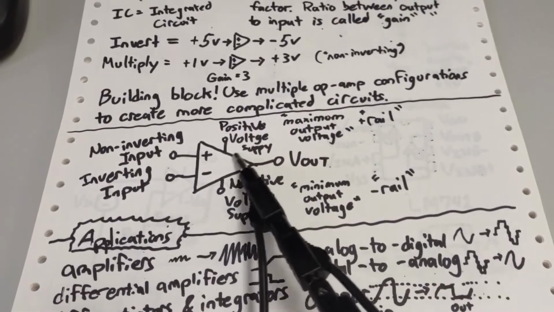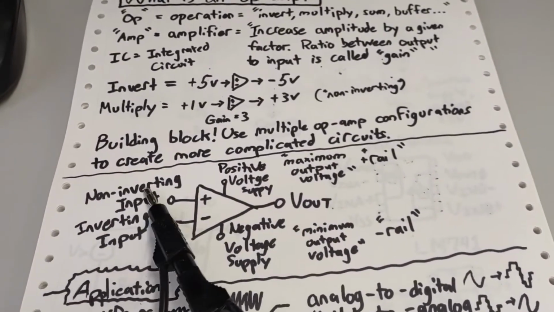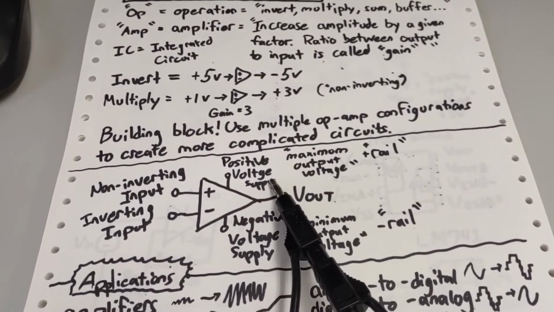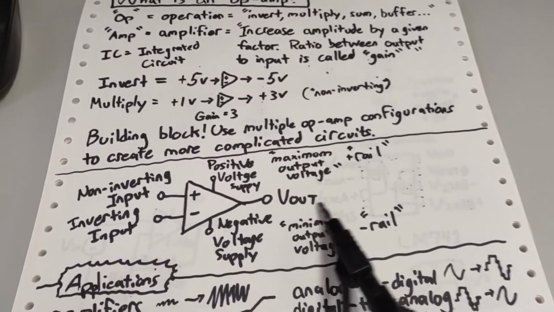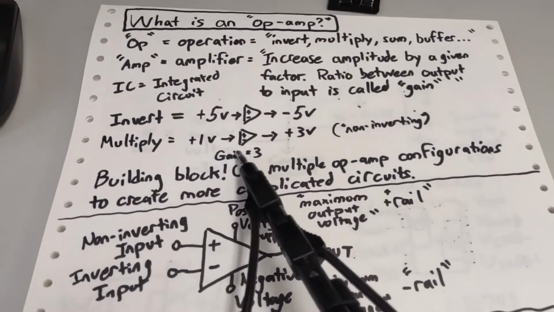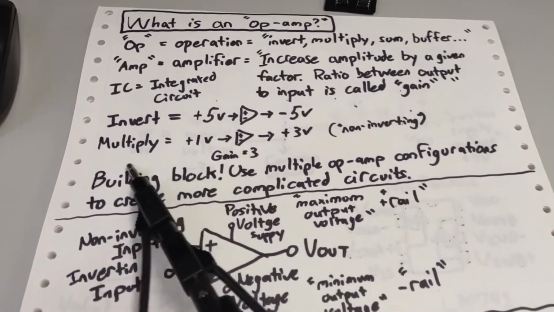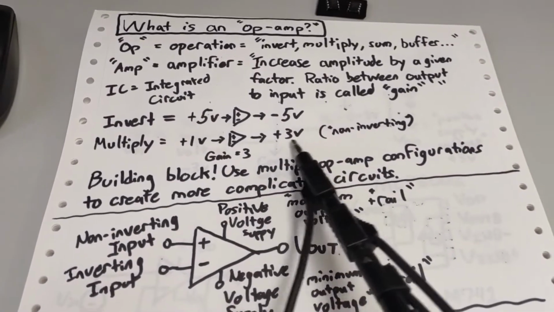So here's the schematic symbol for what an op-amp is itself. You would have a non-inverting input and an inverting input. You'd have a positive voltage supply and a negative voltage supply pin. And then you'd have an output voltage. So let's say I wanted to multiply and get that 1 volt in and get 3 volts out.